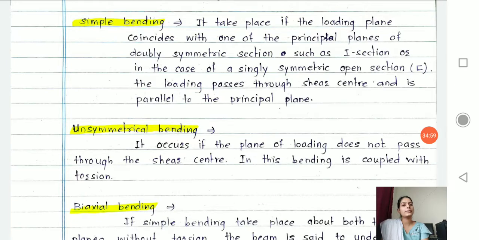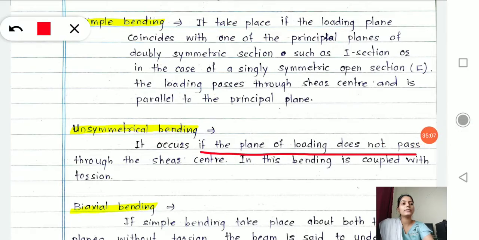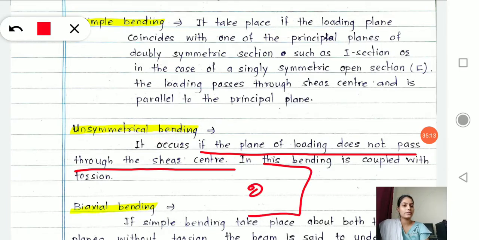Now what is unsymmetrical bending? Unsymmetrical bending occurs if the plane of loading does not pass through the shear center. If I use a C channel, the shear center mostly falls outside of singly symmetrical sections.